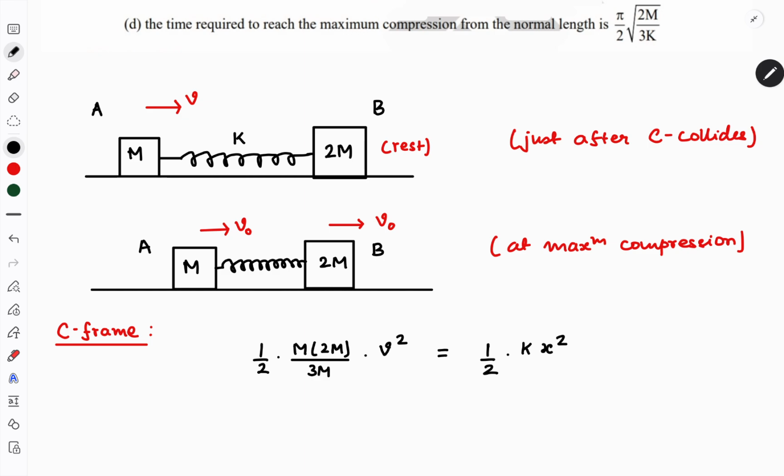Here x is the maximum elongation or compression produced in the spring, both being the same value which we are looking for.